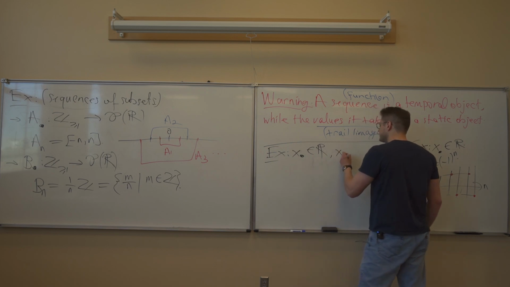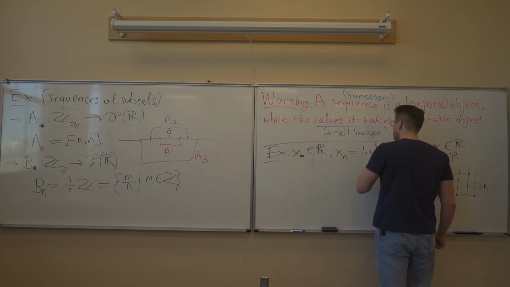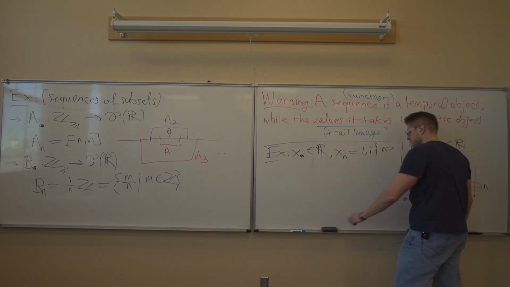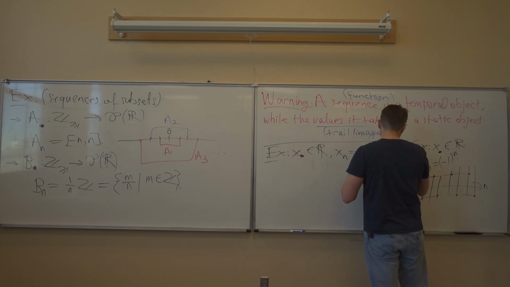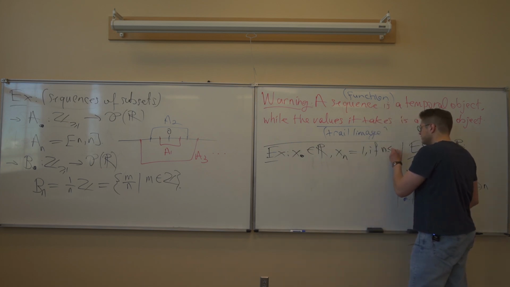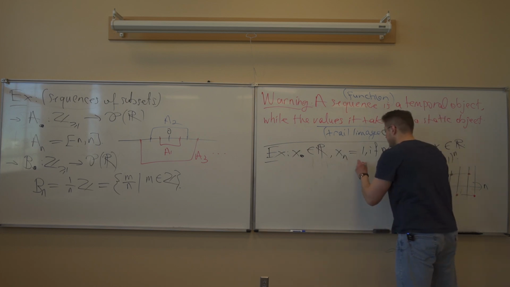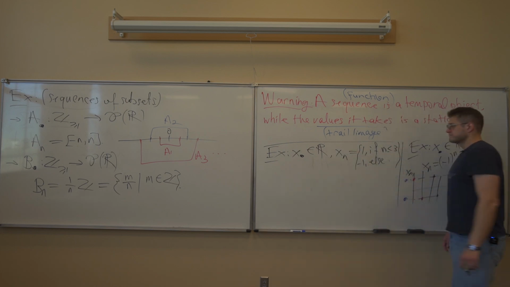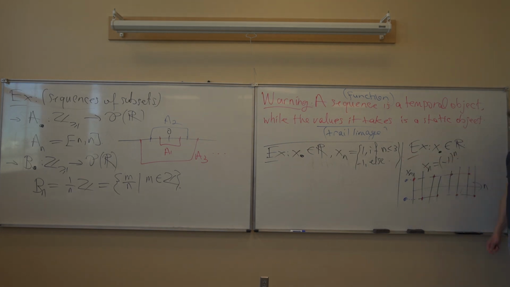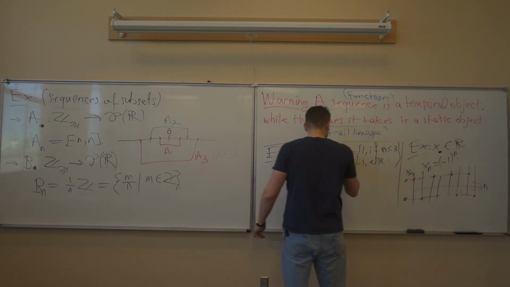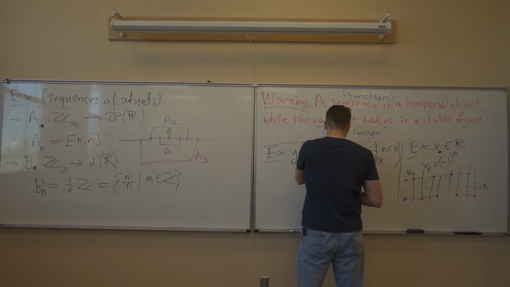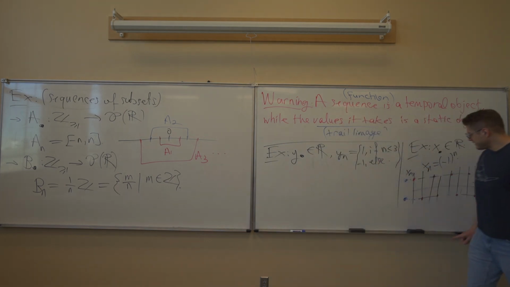Let's say x sub n is 1 if n is at most, let's say, 3, and minus 1 otherwise. Now this is a different sequence. Well, maybe I should call it y sub n actually. This is a different sequence than this, but their trails are the same.